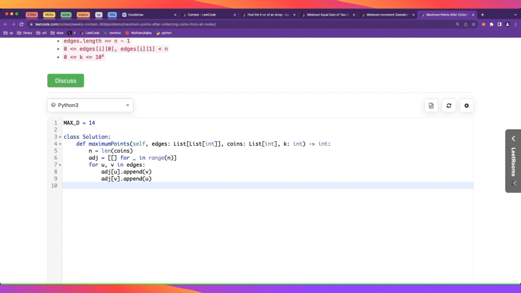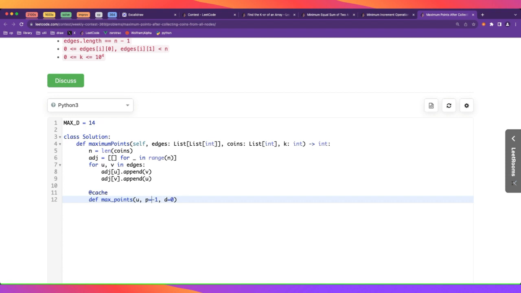and then we are going to do the cached function, which gives me the maximum points. It takes the current node, let's call it U, then the parent, so that we don't go up the tree, which initially is going to be -1, and then we count how many times we use the second way, so that we divide by 2 that many times.